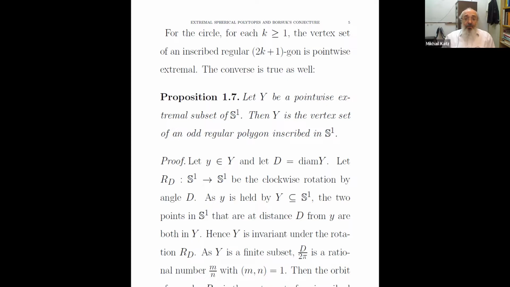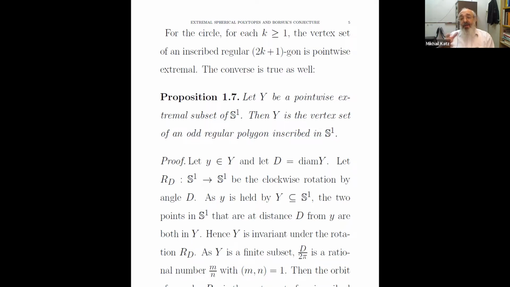So here is a proof. I don't know if I need to go over this, but the point is that if a point is held by Y in this case, then both points at distance d from it have to be inside the set. So both directions have to be present. And therefore, the configuration is invariant under rotations by d, where d is the diameter of the configuration.